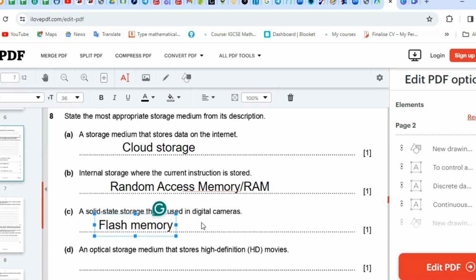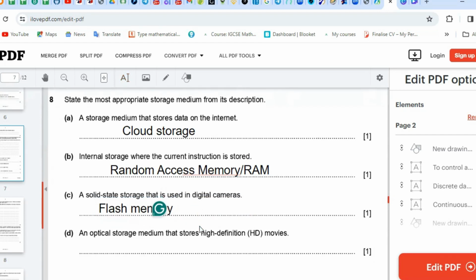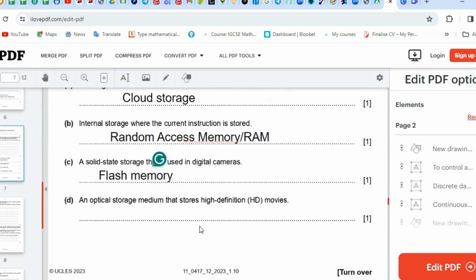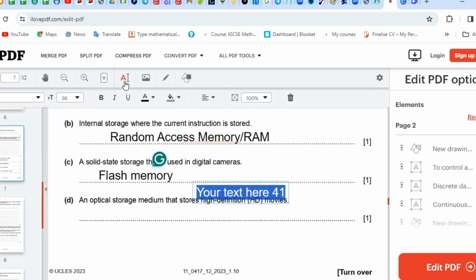D, an optical storage medium that stores high definition HD movies. What do we call that? An optical storage medium that stores high definition HD movies. It is called a what?